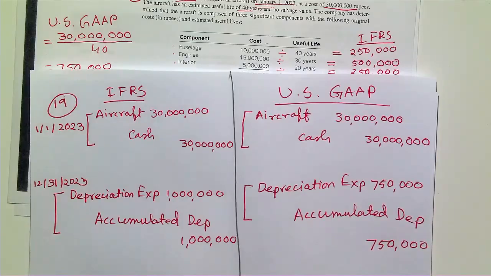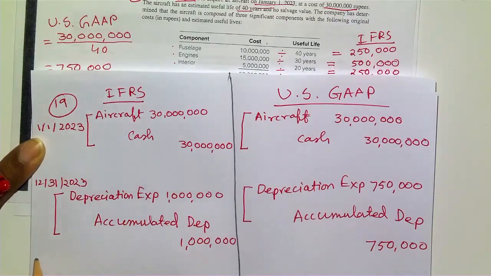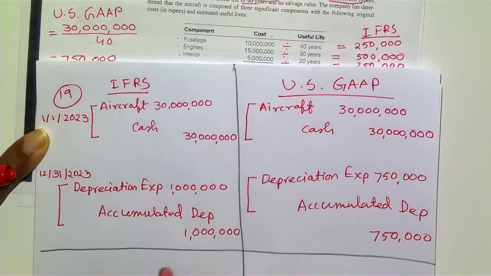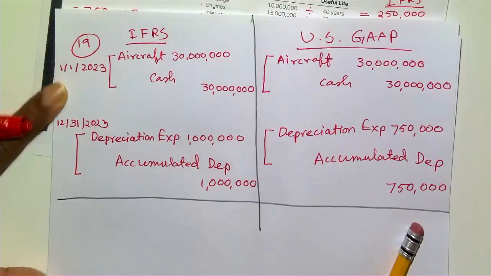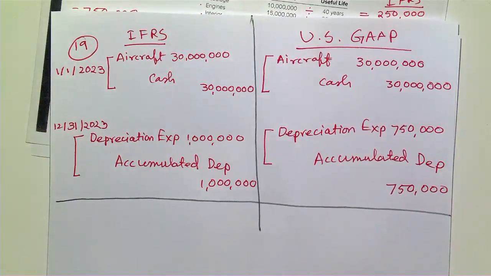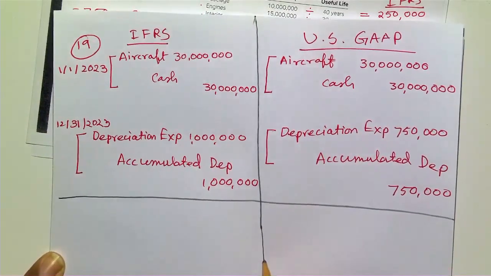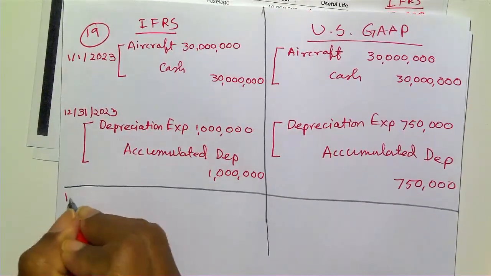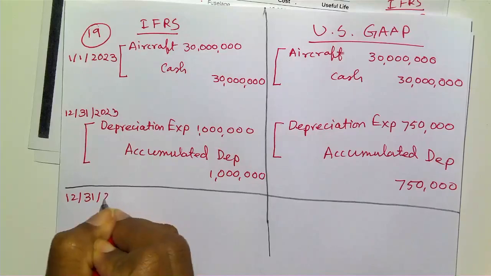So, next year, December 31st, 2024, what are we going to do? Straight line depreciation. Every year, we record the same depreciation entry. Now, this is December 31st, 2024. You do the second year's depreciation, same thing. Can you guys do it?